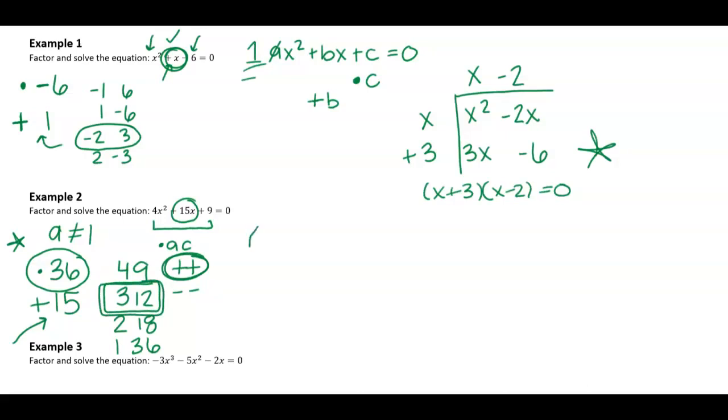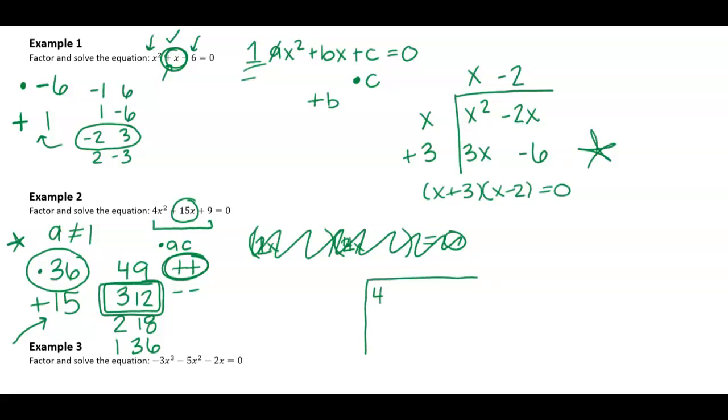Now I need to make two linear terms, but it gets really tricky because if I were to do a guess and check method, this could be 1x and 4x, or this might be 2x and 2x, and that takes a lot of time to do. So instead, I would employ a factor by grouping method, and I choose to organize my factor by grouping in this box.